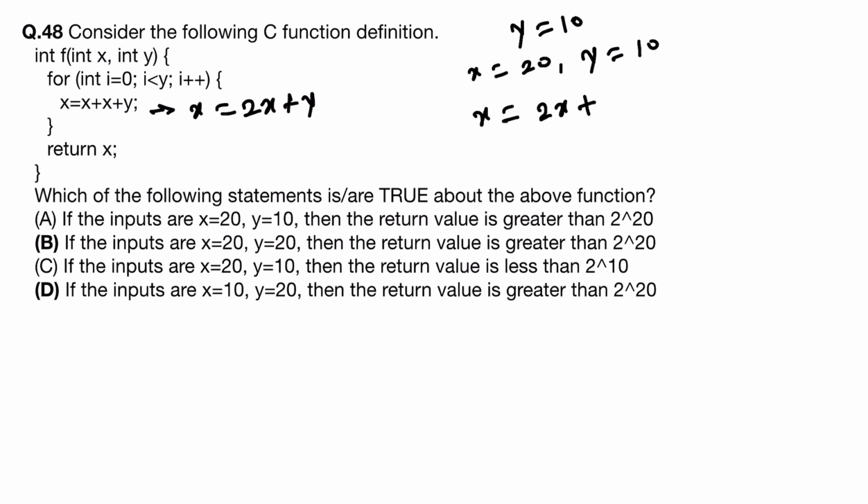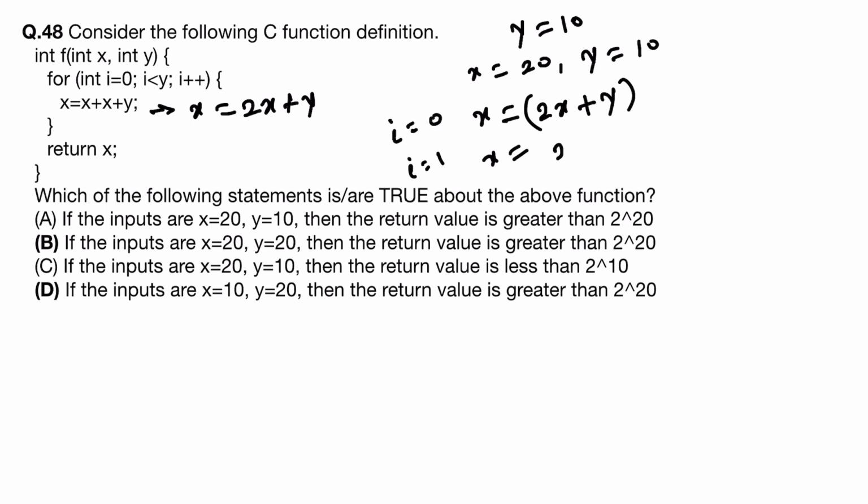3, 2, 1, start. So now x will be 2x plus y for i equal to 0. If i equal to 1, then x will be 2x plus y.